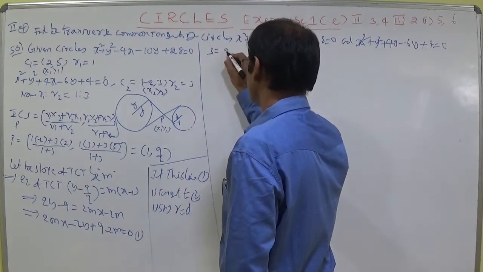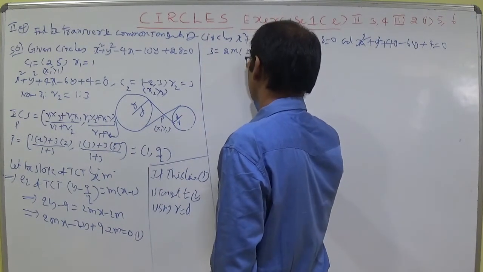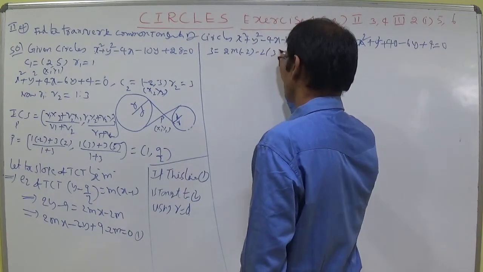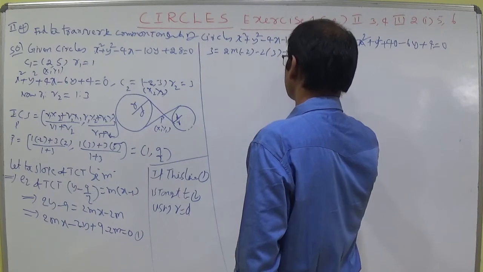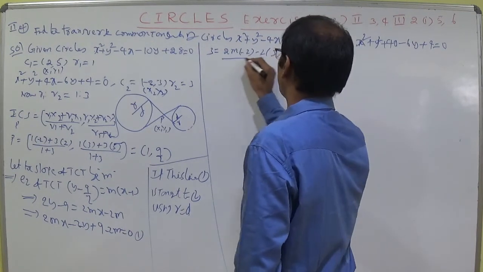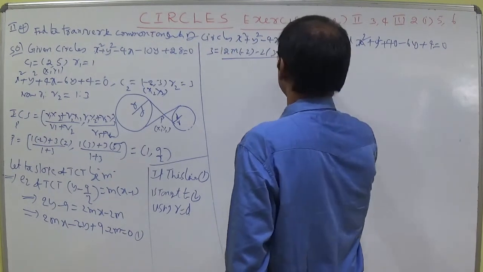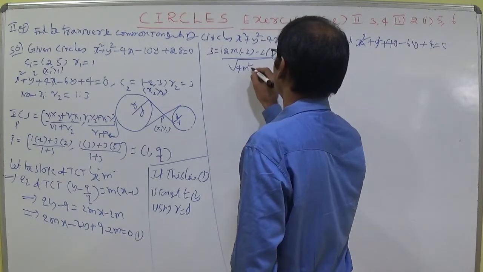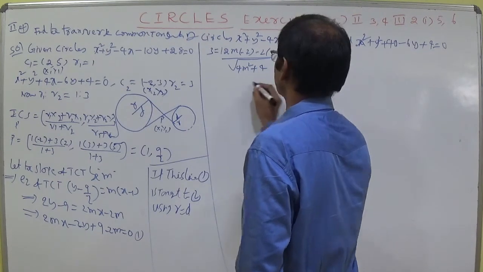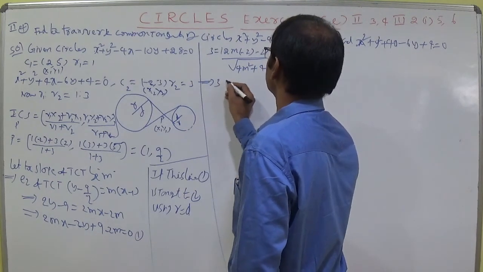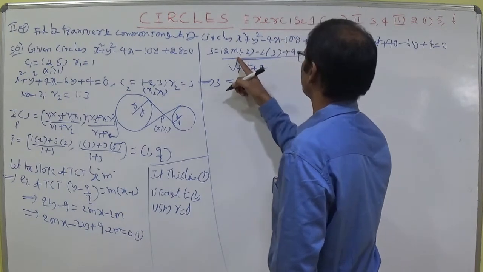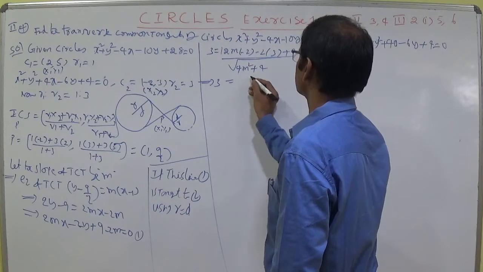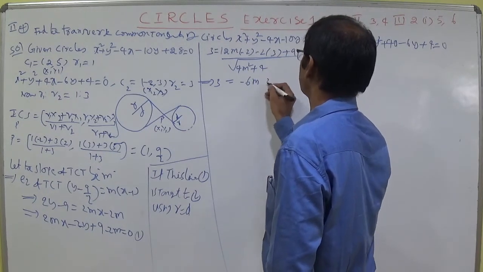2m into minus 2, minus 2 into 3 plus 9 minus 2m, whole modulus, by root of 4m square plus 4. That implies 3 is equal to minus 4m minus 2m, minus 6m, 9 minus 6 plus 3.